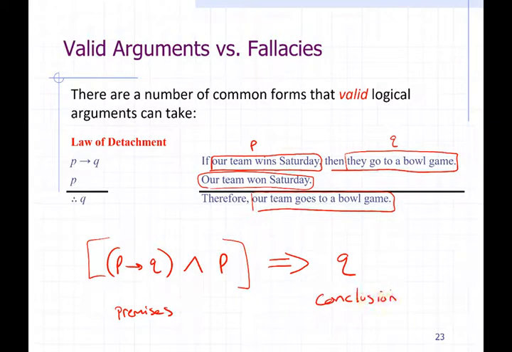Here are our premises, and Q is the conclusion. So this is a form of a valid argument. If you set up a truth table for this, the final column, when you're done with the truth tables, the overall truth values will be all true.